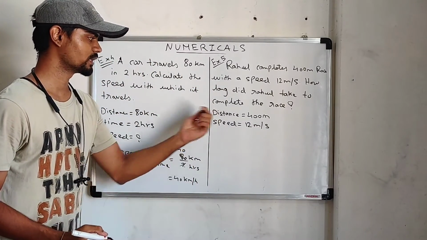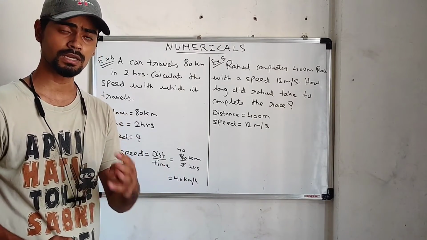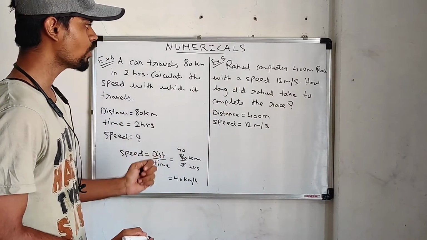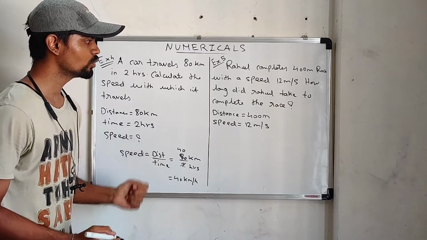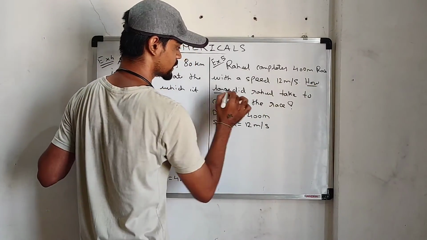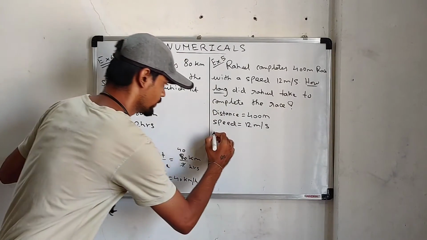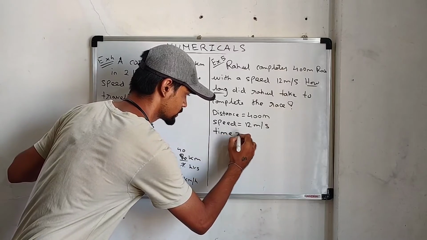Now obviously distance and speed is given to us. What is the third data which is missing? That is the time. How long did Rahul take to complete the race? That is nothing but they are asking us to calculate the time. So we need to find out the time in this case.